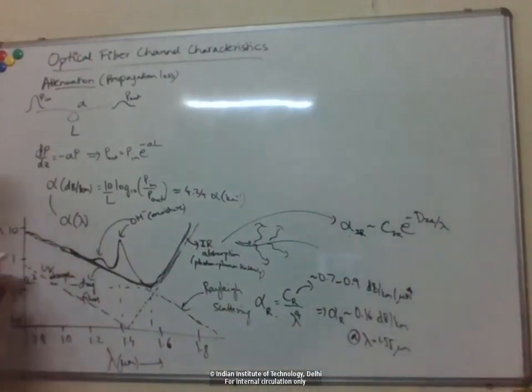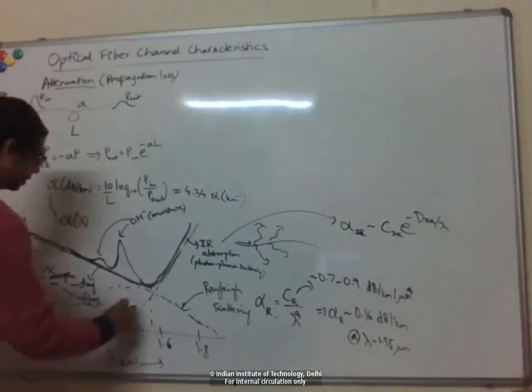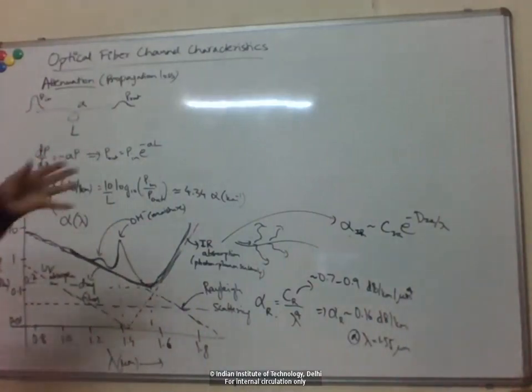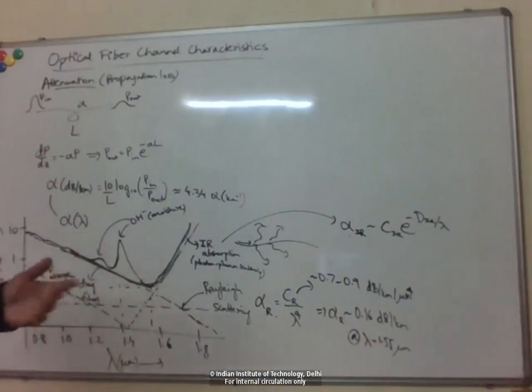And then if you look at, for example, the amount contributed by fabrication imperfections, for example, the fiber not being uniform across the length, or the core not being exactly circular, and some impurity atoms in the fiber which might absorb at these wavelengths, right?